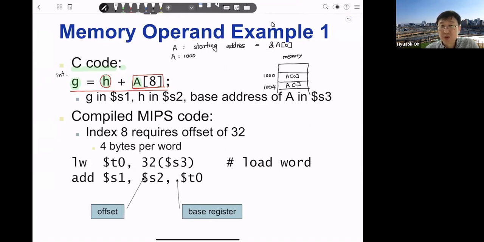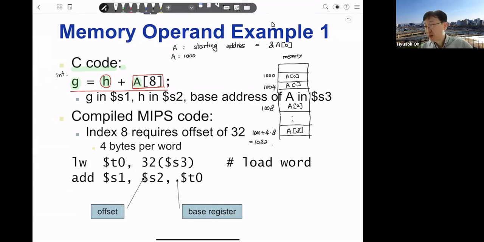So it should be increased by 4. And A[2] is starting from 1008. Then what's the address of A[8]? 1000 plus 4 times 8, right? So yeah, this is 1032. That's the address of that.